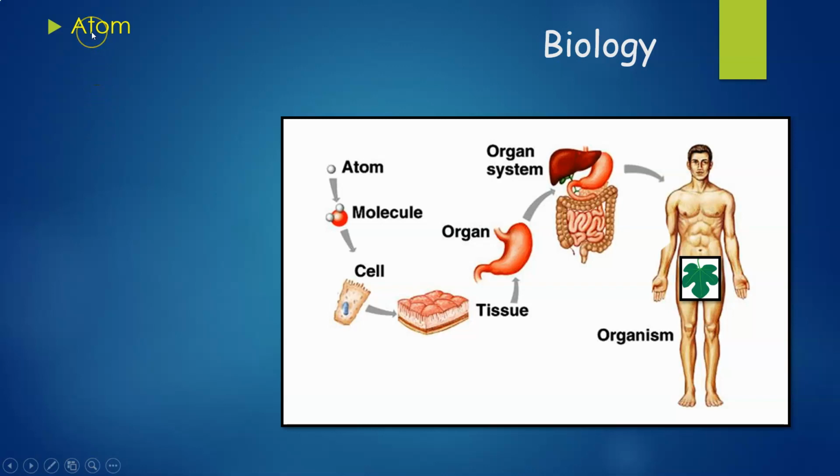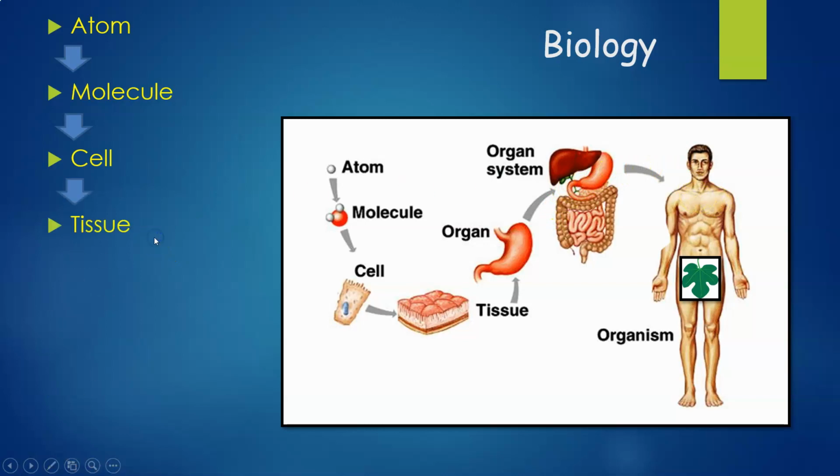So, the smallest unit in biology is an atom, and atoms together can form a molecule. Molecules can then form a cell. And if you look at the picture that we have here on the side, you see how everything flows in one direction where we're headed.